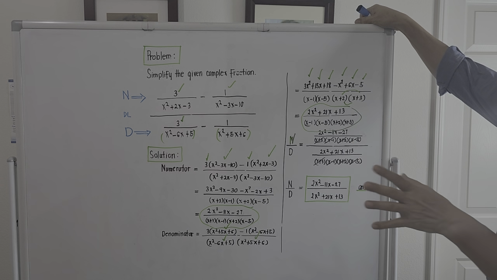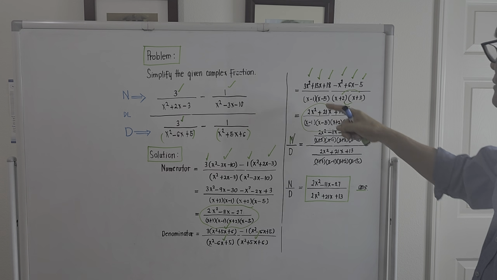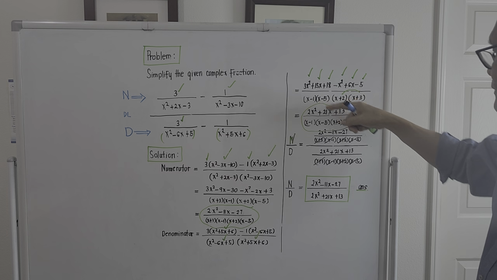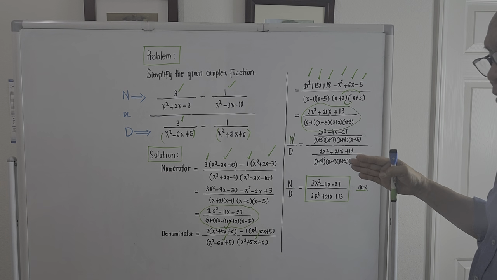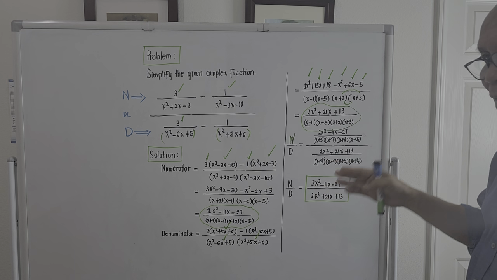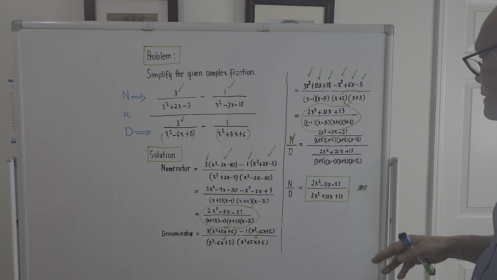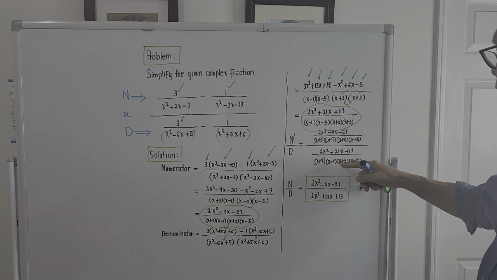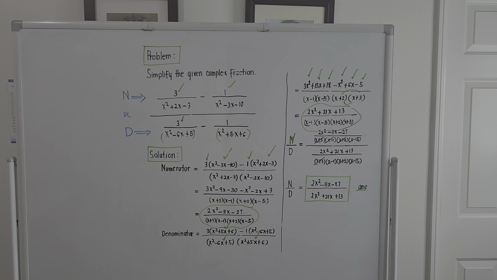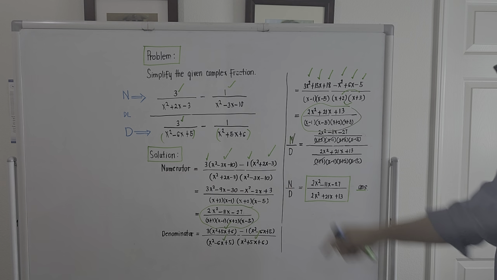The simplest equivalent of the denominator is actually 2x squared plus 21x plus 13, all over, again, the product of the four binomial factors, okay? That is x plus 3, x minus 1, x plus 2, and x minus 5. So this is numerator, denominator, numerator, denominator. This is the divisor line.